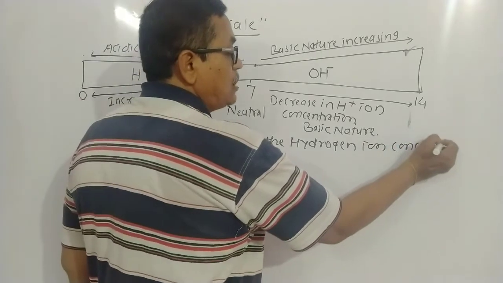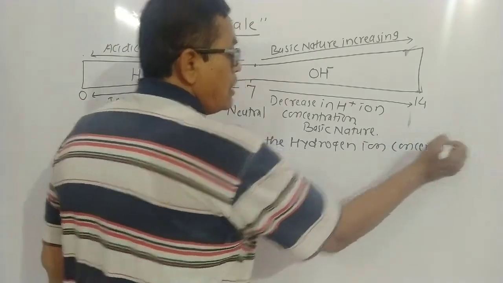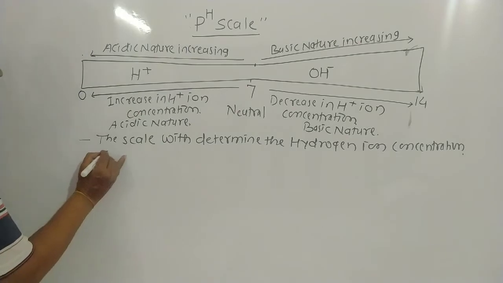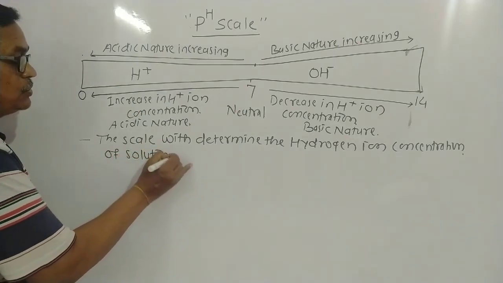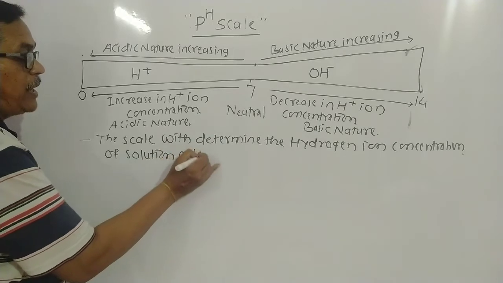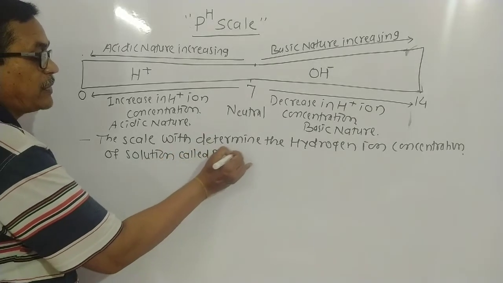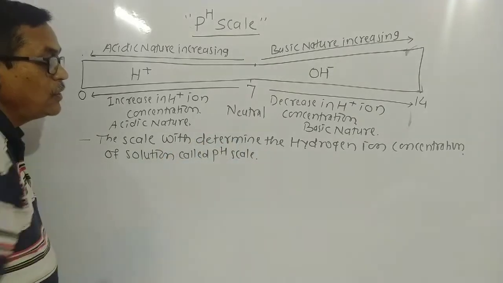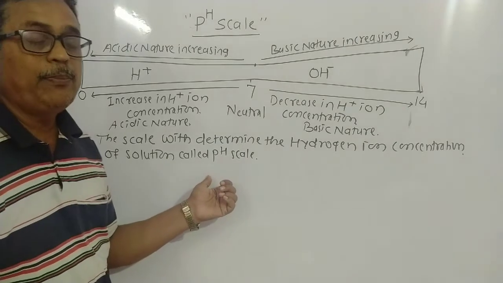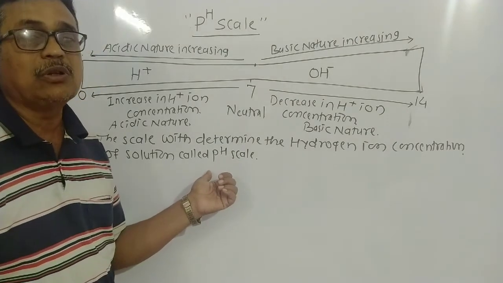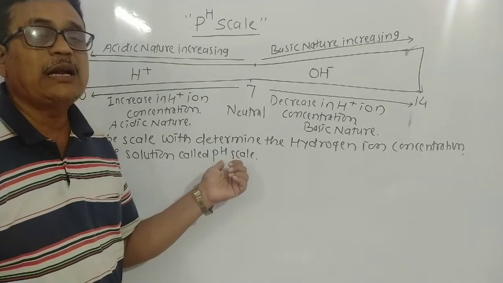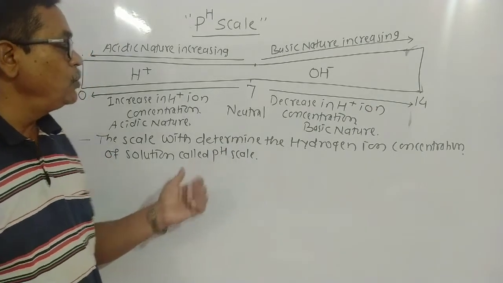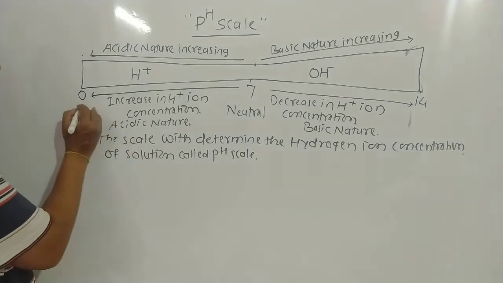Dear student, in this pH scale, understand carefully: if the pH value is between 0 to 7, then it is an acidic solution. If pH is 7, then it is a neutral solution.